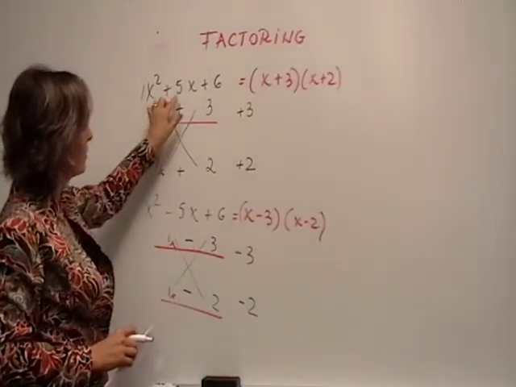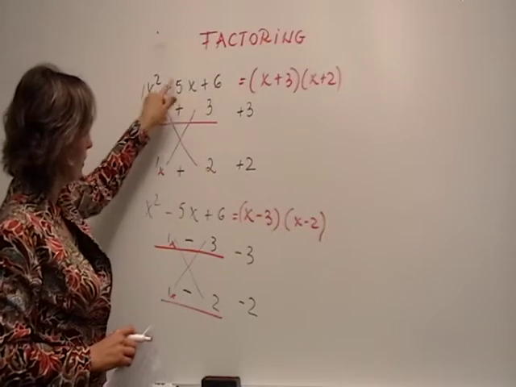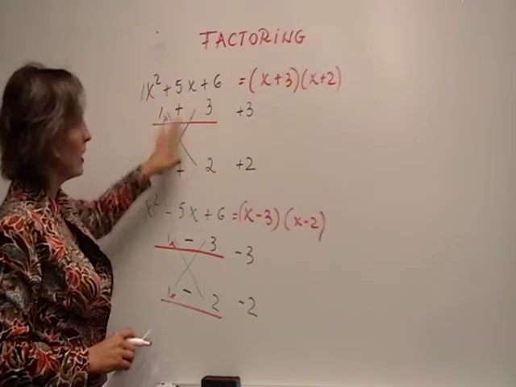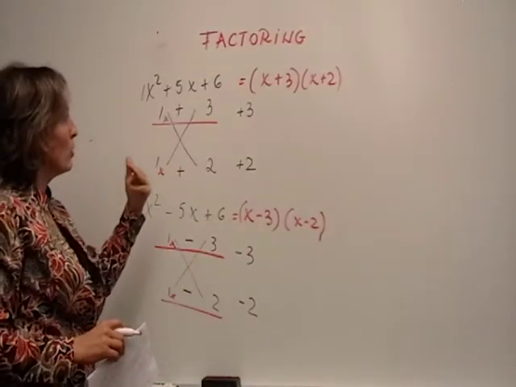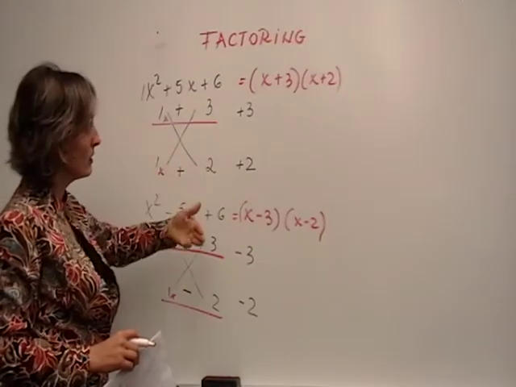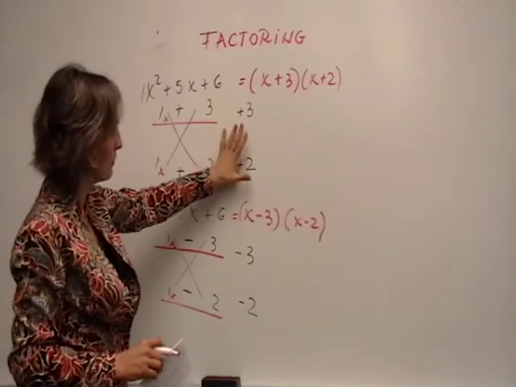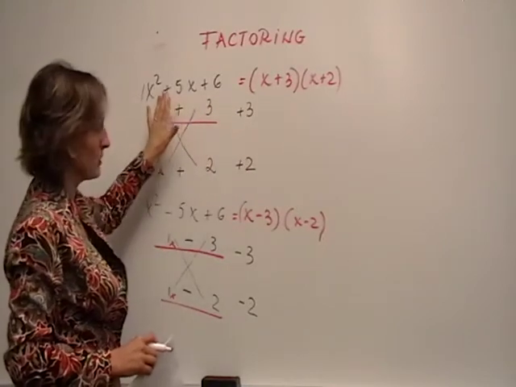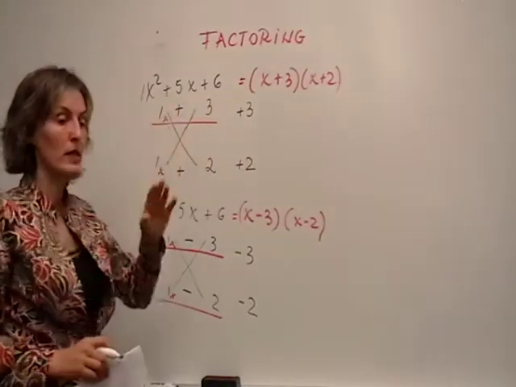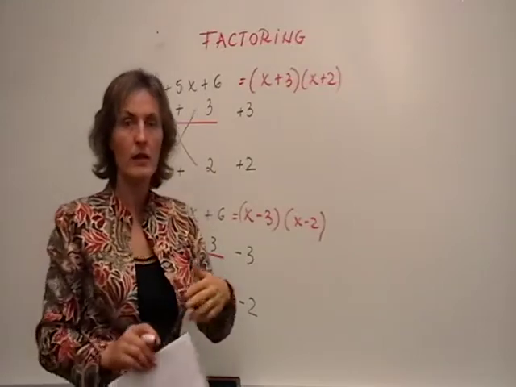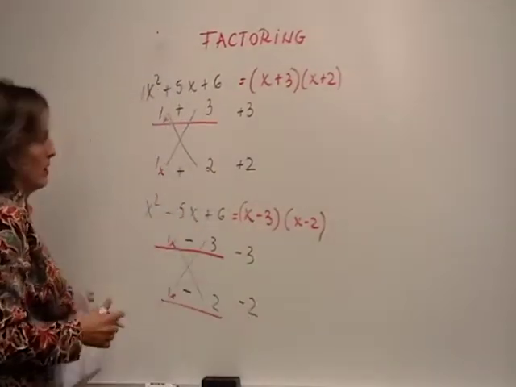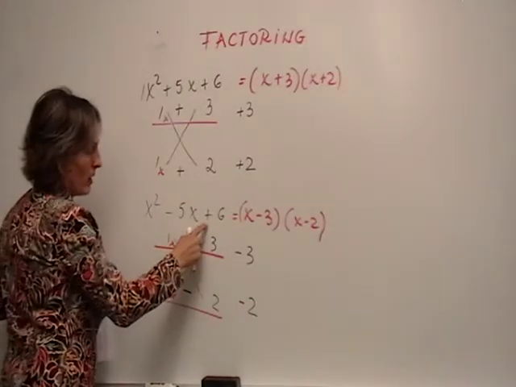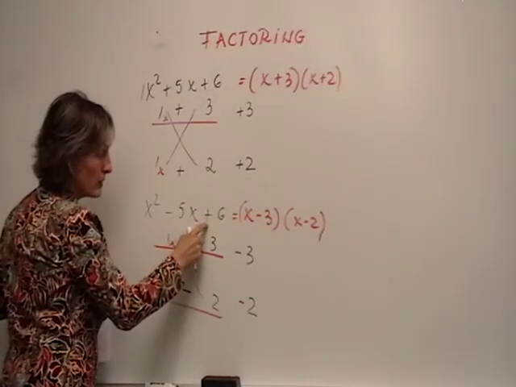And the positive 5 here in the middle will give you the sum of the factors. So what kind of sign do you have to have for those factors to get a positive sum? Since they have the same sign and the sum is positive, it's logical they will be positive.